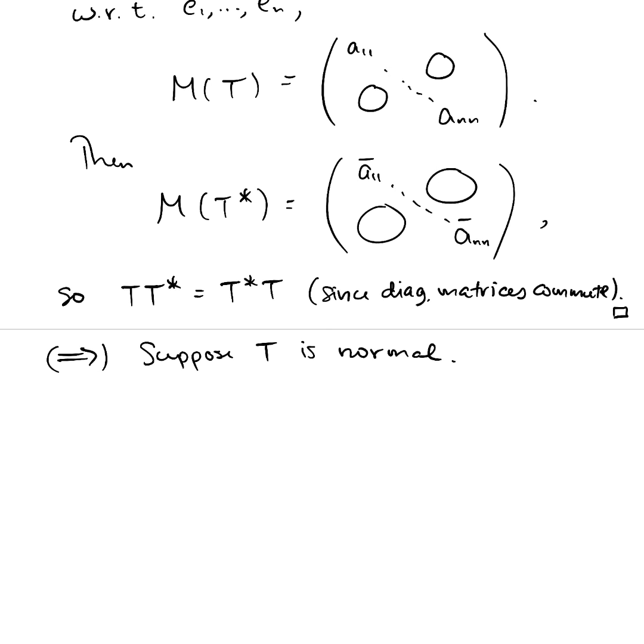In a complex finite dimensional vector space, in a Math 306 way, for sure there's a basis that makes the matrix upper triangular. We know this for sure from Math 306.